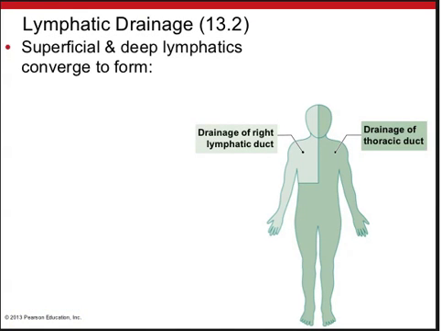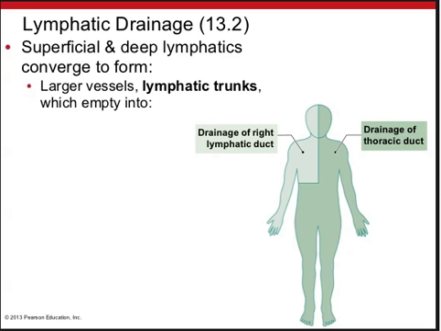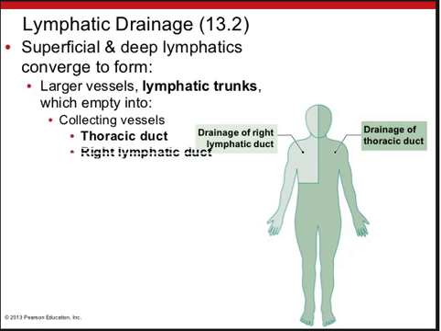Here you can see a map that shows you how lymphatic drainage works. The superficial and the deep lymphatics converge to form larger vessels known as lymphatic trunks, which empty into collecting vessels. The thoracic duct and the right lymphatic duct represent where the lymph rejoins the circulatory system.